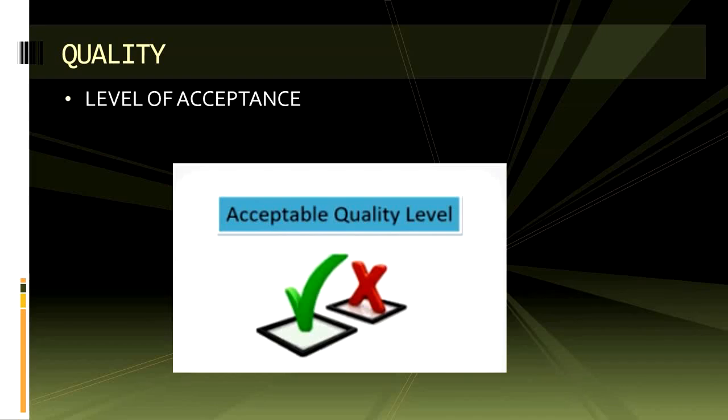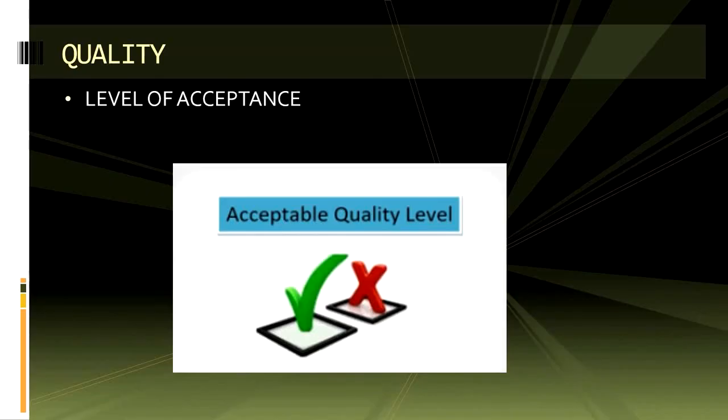If this level of acceptance is met, then we call it an acceptable quality level, sometimes called AQL. AQL is a very famous term used in the export industry, in the apparel sector.